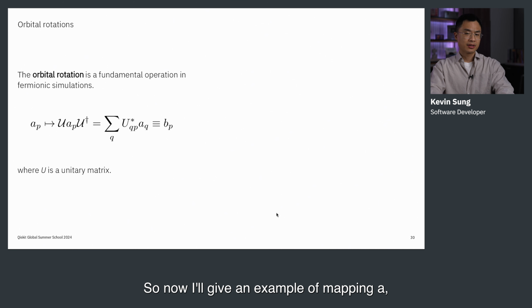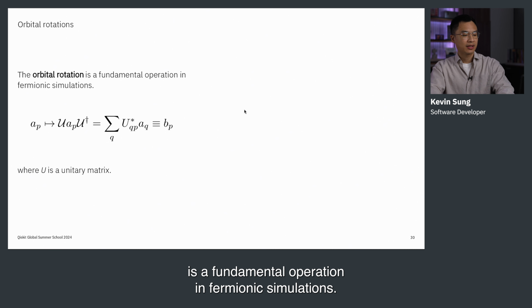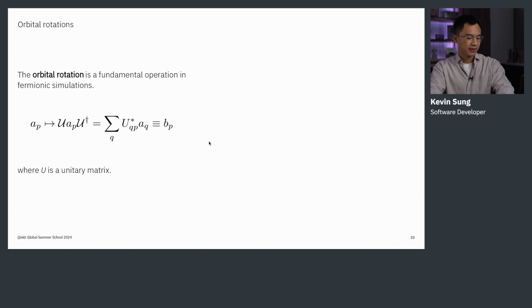Okay, so now I'll give an example of mapping a fermionic circuit to a qubit circuit. And the example I'll take is the orbital rotation. The orbital rotation is a fundamental operation in fermionic simulations.